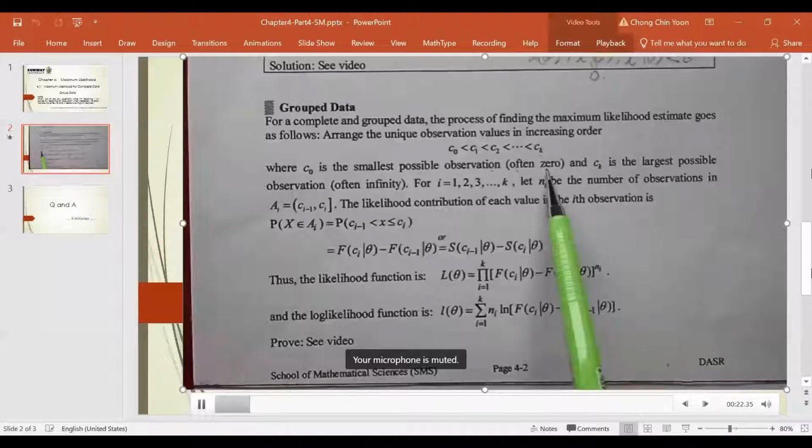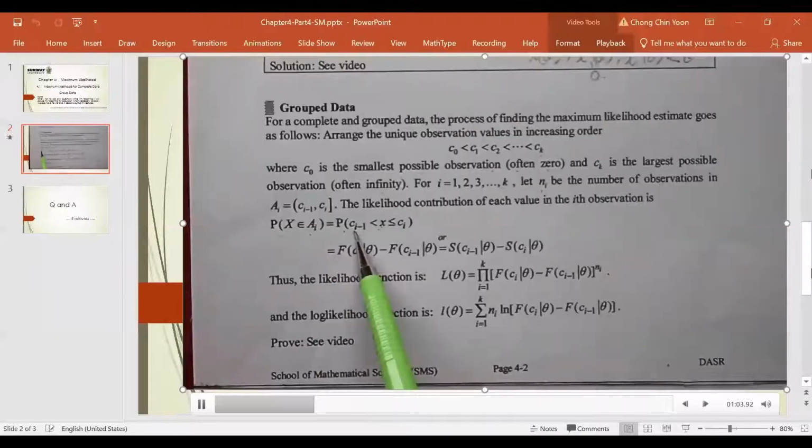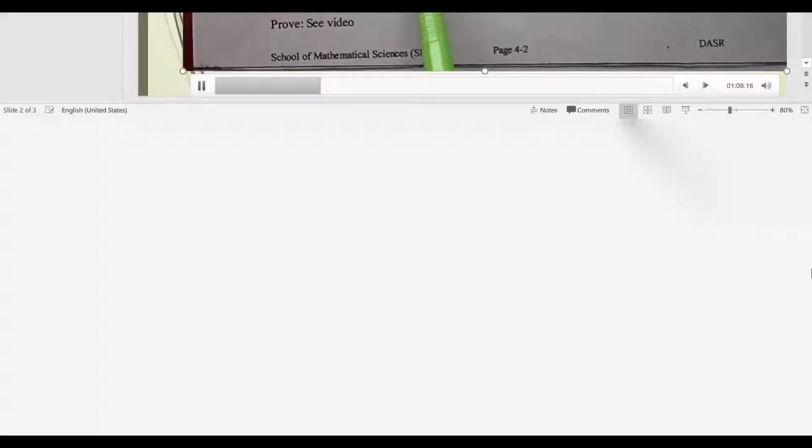Then the likelihood contribution of each value in the ith group is the probability of random variable X in the event Ai, which equals the probability of X lying in the interval from ci minus 1 to ci. This can be simplified as the CDF at ci minus the CDF at ci minus 1.